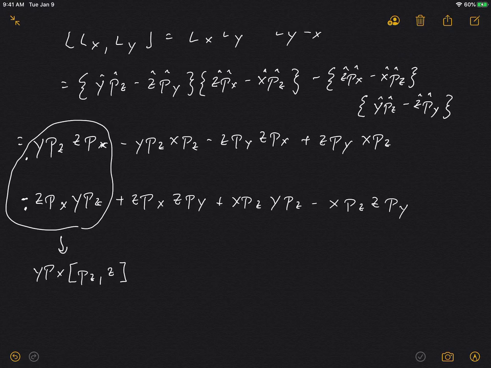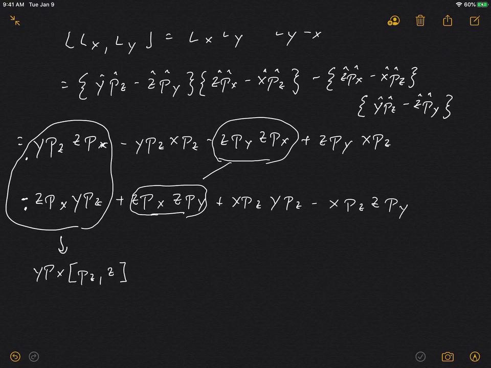Okay, then for the outer and inner parts here, we can group this and this one together. Let's look at zpy zpx.